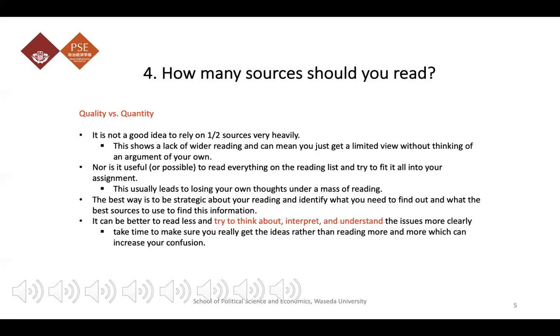For those who will be taking courses on history of economic thought or history of political philosophy, you will understand that the development of social science is actually based on discussions and debates among different philosophers across time.